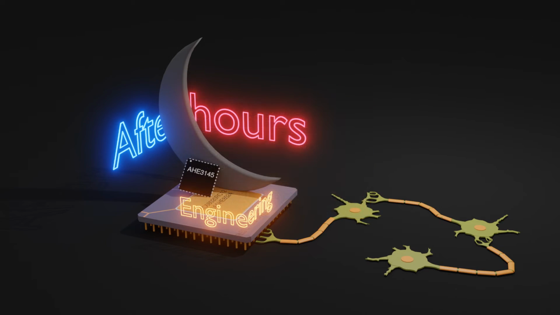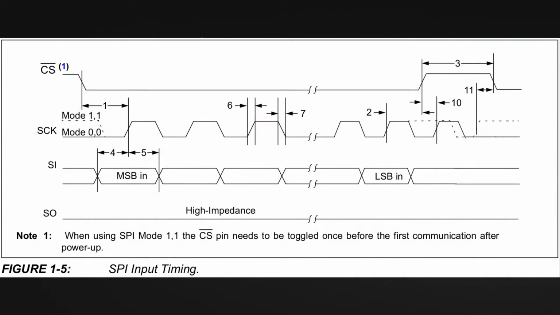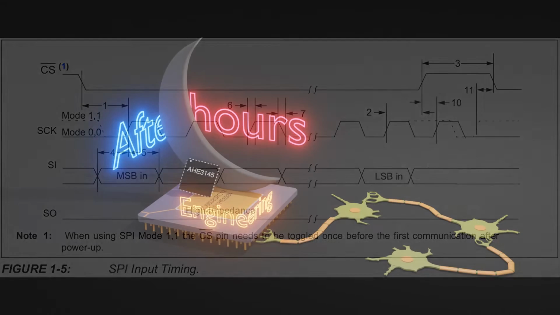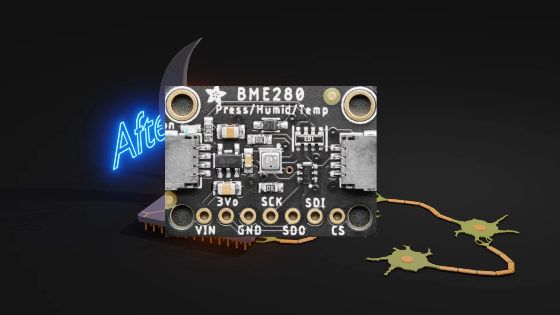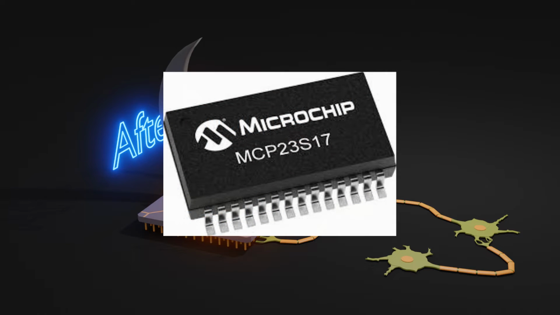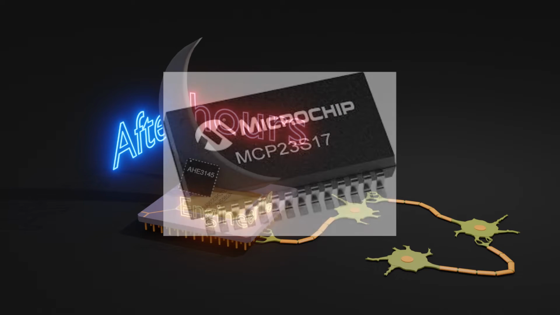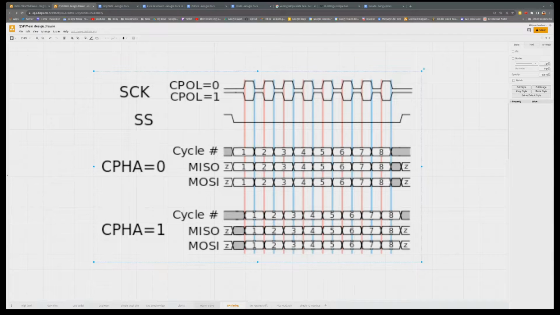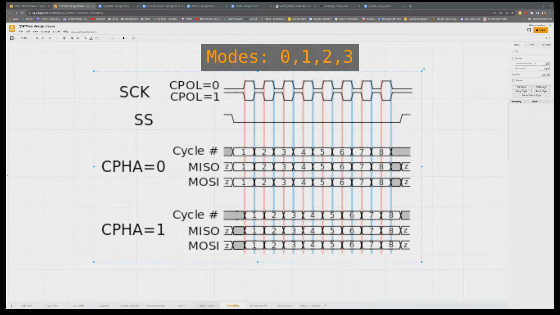Now this also means the specs you read describe precisely how to interact with the slave device. Some slave devices are full duplex all the time, for example a temperature sensor, while others are not, like the MCP23S17 I/O expander. SPI has 4 modes labeled 0 through 3.